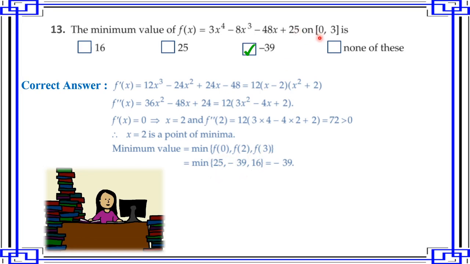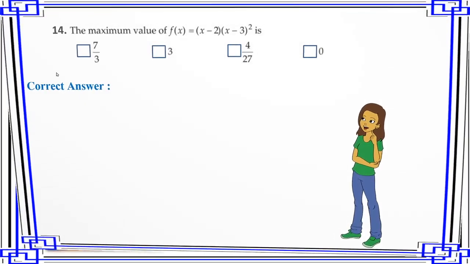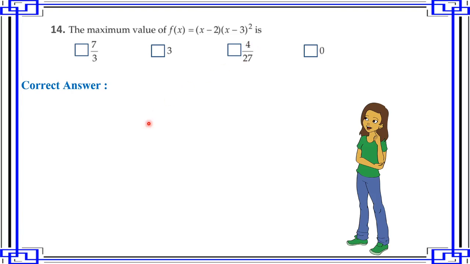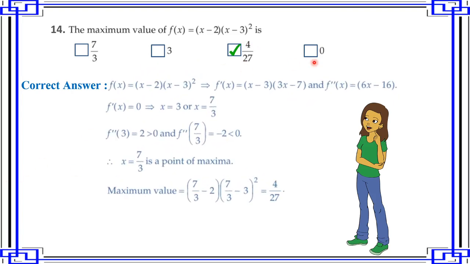Check, because it's a closed interval. When we have to talk about minimum or maximum values in a closed interval, as we have already discussed, we have to check at the endpoints as well. That's why we are checking here at the endpoints. So out of these three, what is the minimum value? Minus 39.